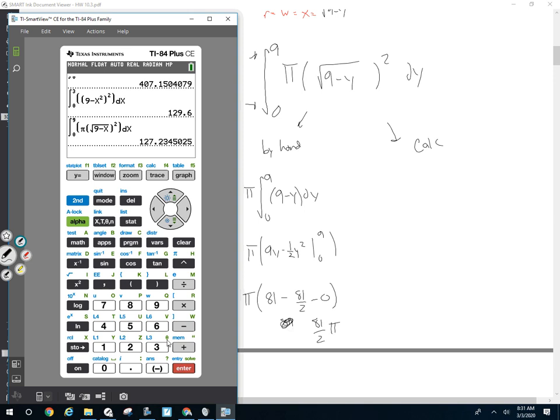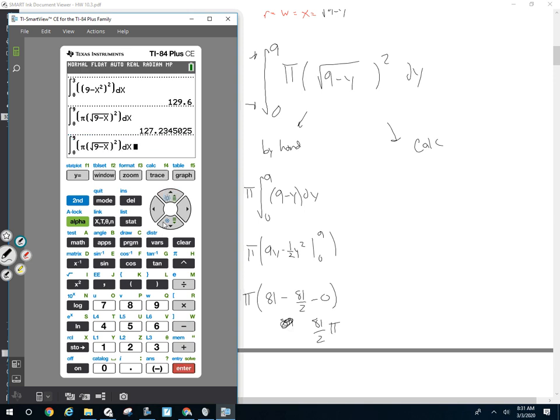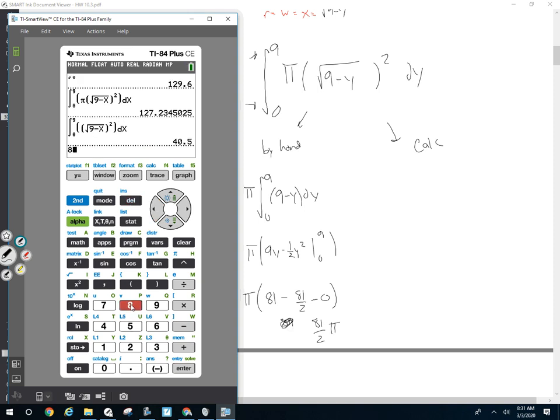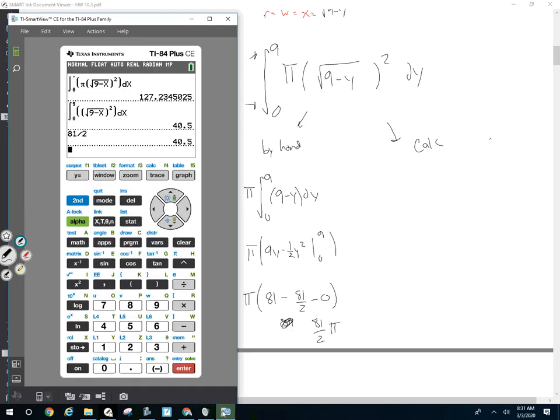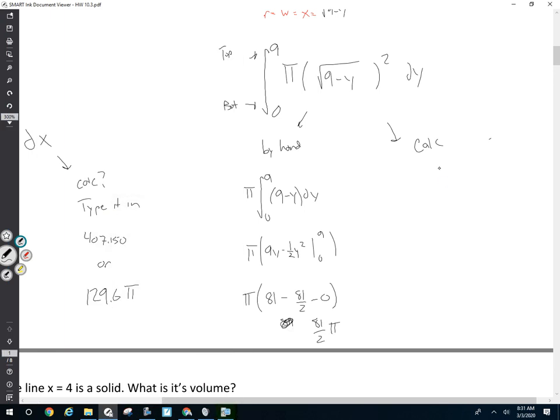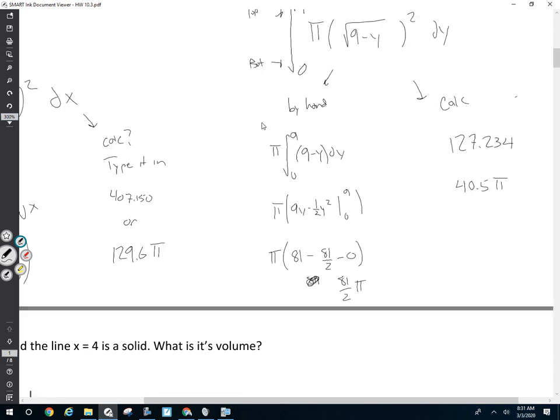And that is the same as 81 halves pi. This is 81 halves pi. Okay, so on the calculator, you either get 127.234 or 81 halves pi.